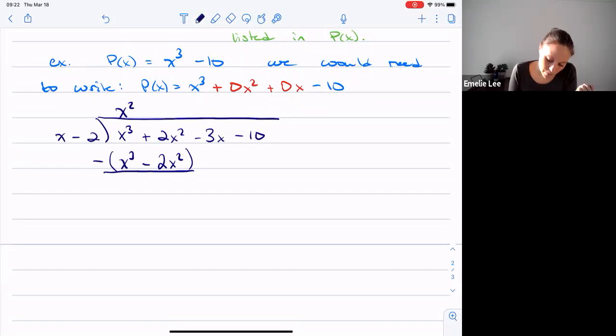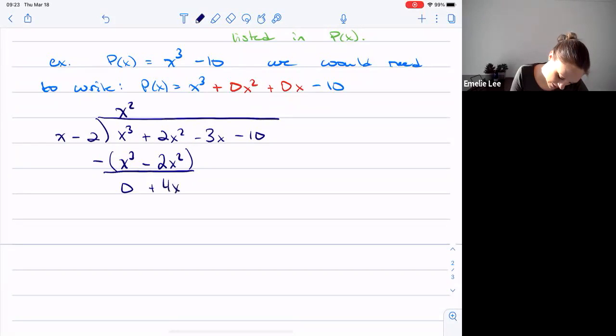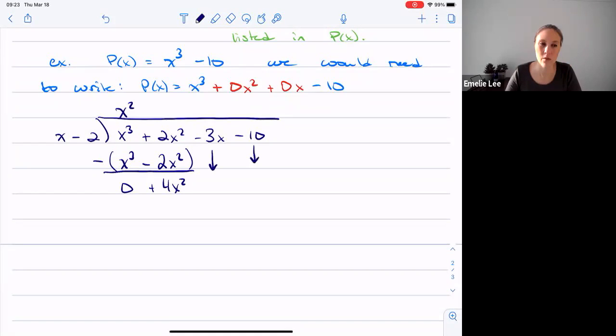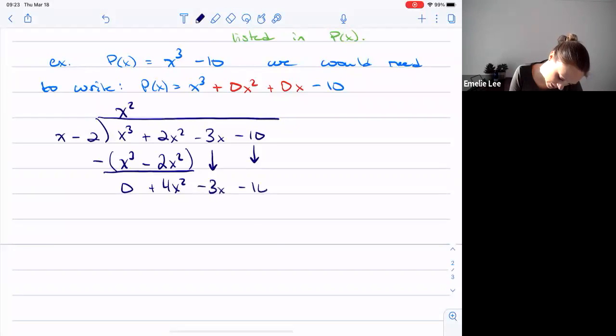So x to the 3 minus x to the 3 puts me at 0. Then just be careful bringing in this negative, so 2x squared plus 2x squared puts me at 4x squared. Then I bring down whatever is left, so minus 3x minus 10.